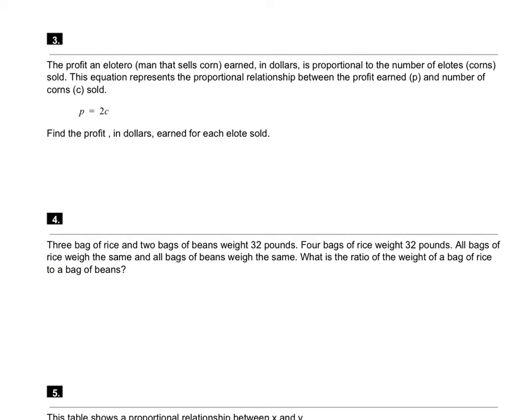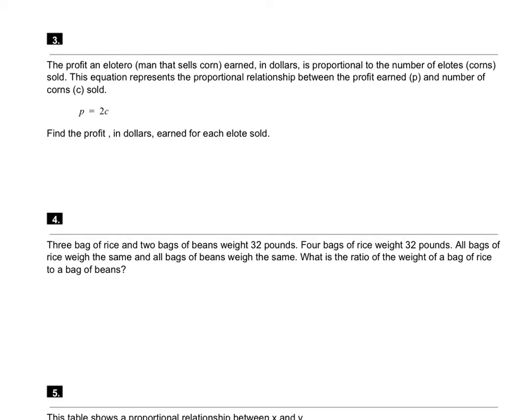Problem number 3 is telling you about an elotero, who earns money for selling corn. You already have the equation here, and it's telling you P equals 2C. P stands for the profit, C stands for the number of corns he sells. So the 2 stands for the amount of money he's making.